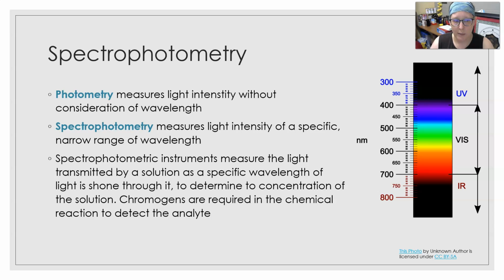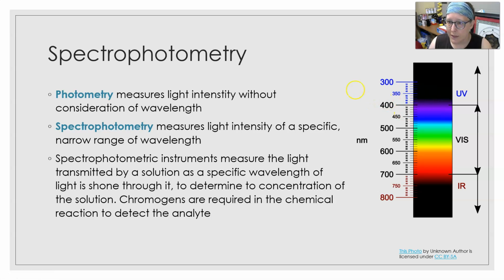Chromogens are required in a chemical reaction to detect the analyte. So you have to have a colored chemical reaction, and then the intensity of the color is going to be proportional to the concentration in the sample. So here on the side of the slide, I have light as it's broken down into its various wavelengths, and then that determines different color spectrums in light.